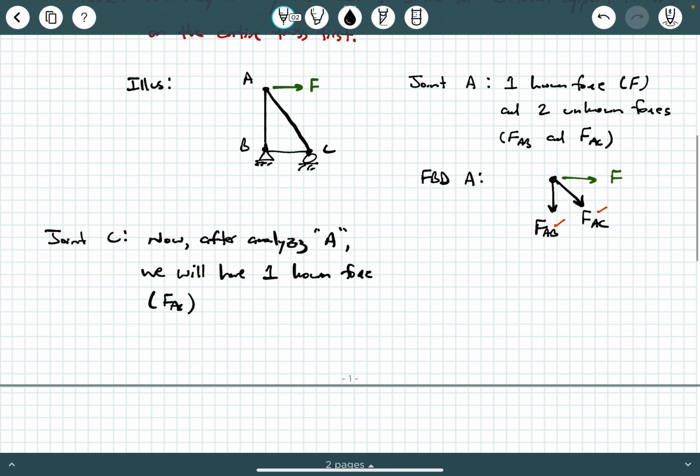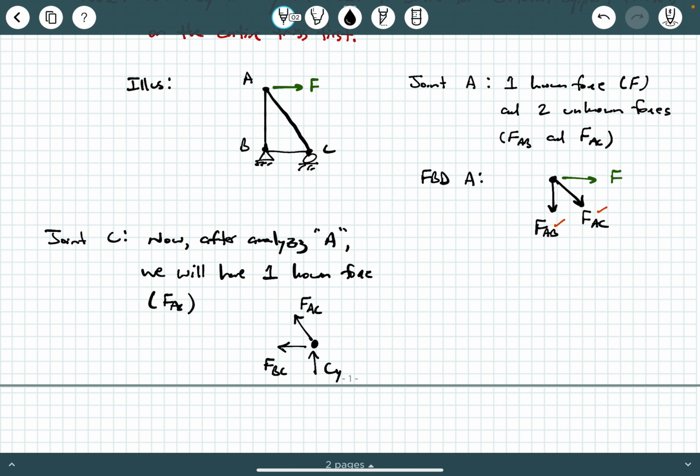So if we look at a free body diagram of C, guess what we're going to have? We're going to have that known force, FAC, and what are the unknowns going to be? The unknowns are going to be, for example, CY and FBC, okay?